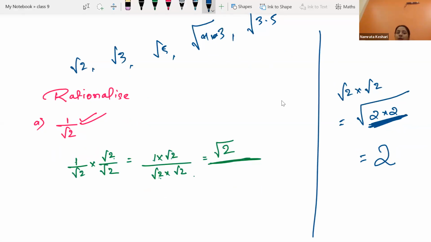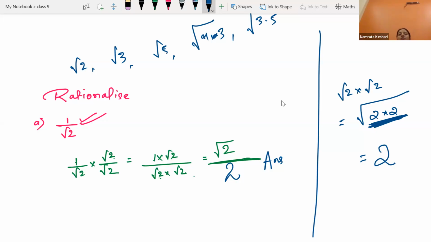Because the numbers multiplied together inside one root sign and became just 2. And this is our answer. Again, your purpose has to be clear. You want to remove the root sign from the denominator, and you are done. In the numerator, a square root term is there. That is fine, but not in the denominator, and that's called rationalization.